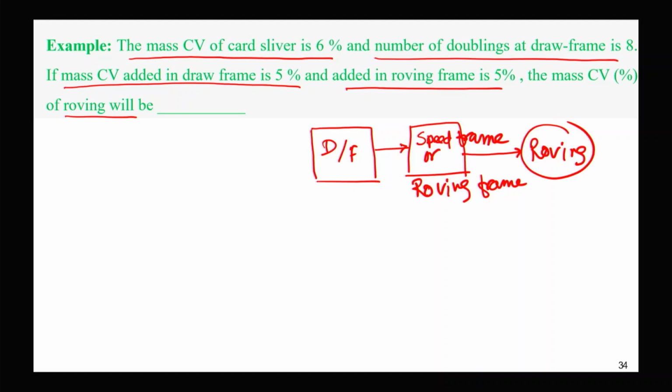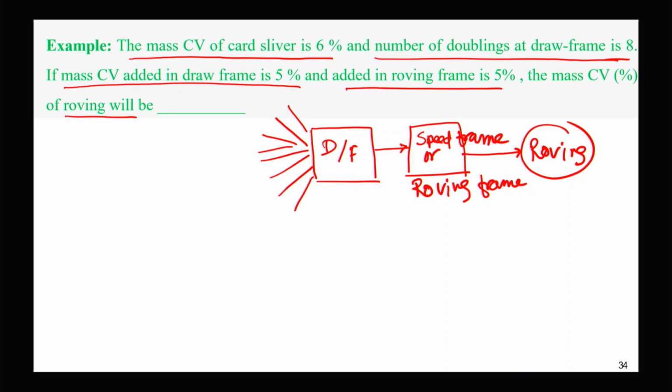Now as per the given condition, 8 card slivers are fed in the draw frame. It's a single passage draw frame, the drawing process.